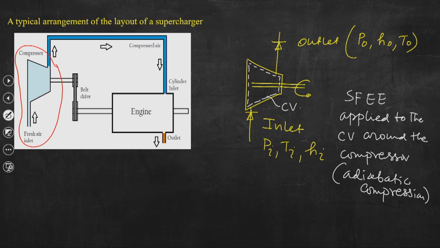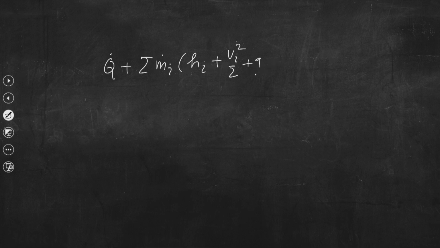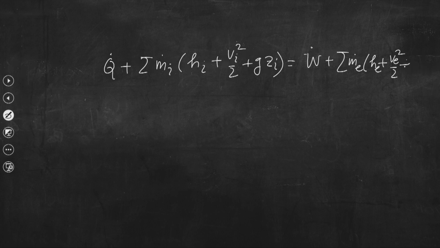So, if we apply the steady flow energy equation, quickly we can write, if we try to recall, Q dot plus summation of m dot i times (h i plus V i squared by 2 plus g z i) equal to W dot plus summation of m dot e times (h e plus V e squared by 2 plus g z e).